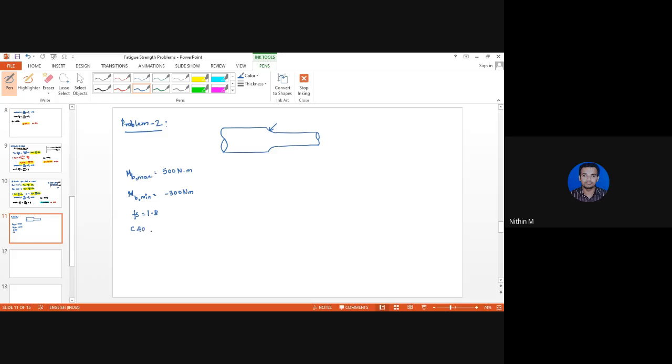It is made of C40 steel, and the notch sensitivity index for the material is 0.85. The notch sensitivity index is nothing but the notch sensitivity factor, which is q. q is given to be 0.85.